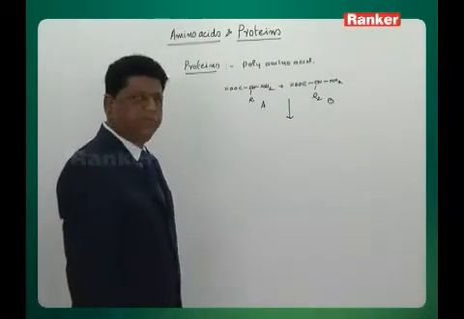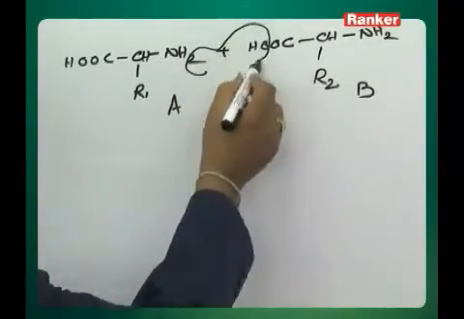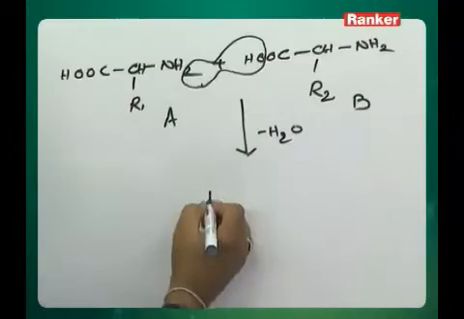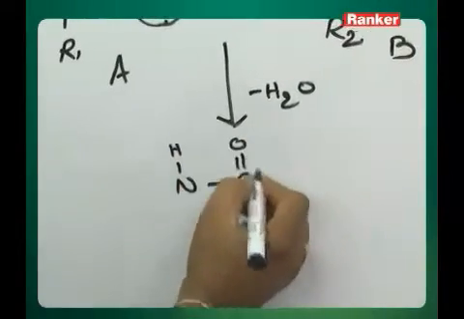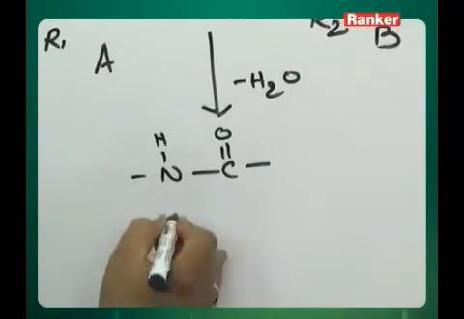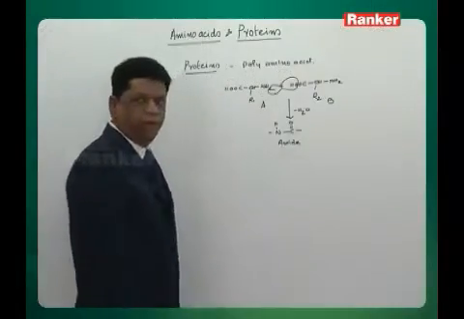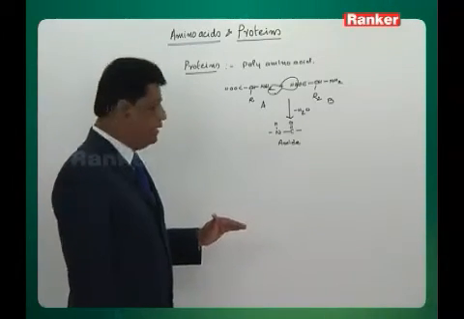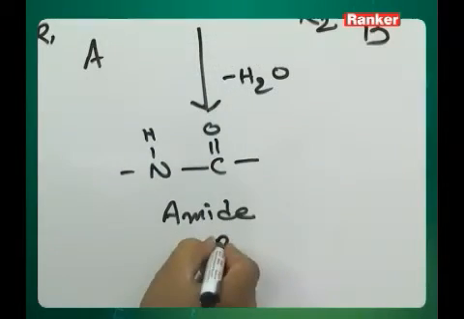What happens is, as a first step, the NH2 hydrogen and the OH of the acid are removed as water, and you will get a bond called an NHCO bond. This NHCO bond is chemically called an amide bond. When it becomes part of a protein which exists in biological species, the same bond we refer to as a peptide bond.